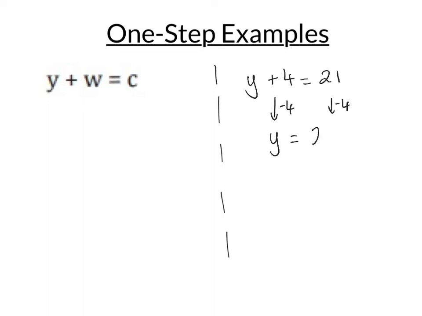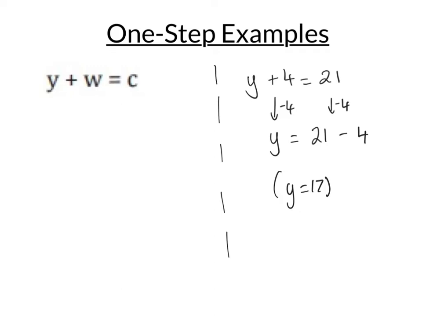Now, I'm not going to write 17. I'm going to write 21 take away 4. The reason being, we use this exact same method for changing subjects of formulas. We're just going to be left with algebraic terms as opposed to a final numerical definite answer. So this would be y is equal to 17.